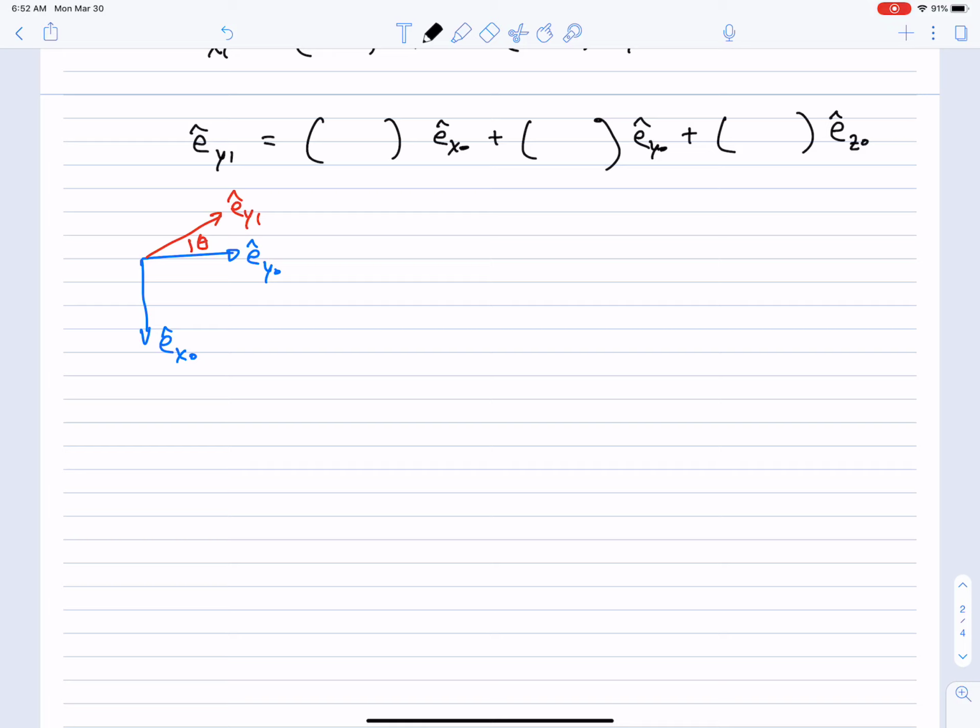The projection of EY1 onto EY0, which is this quantity, is basically cosine theta. That's this thing.